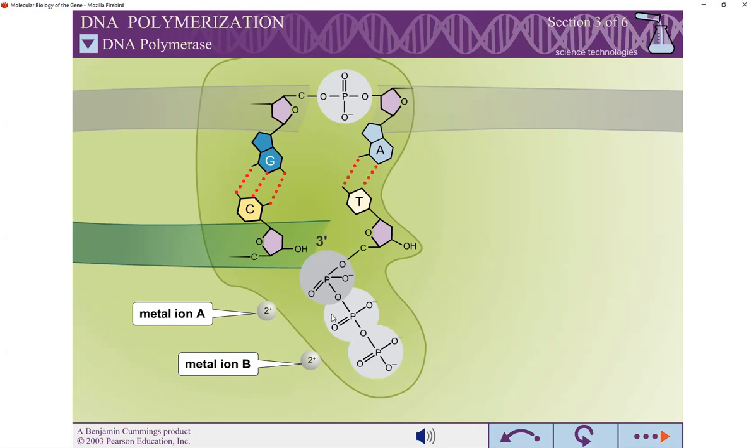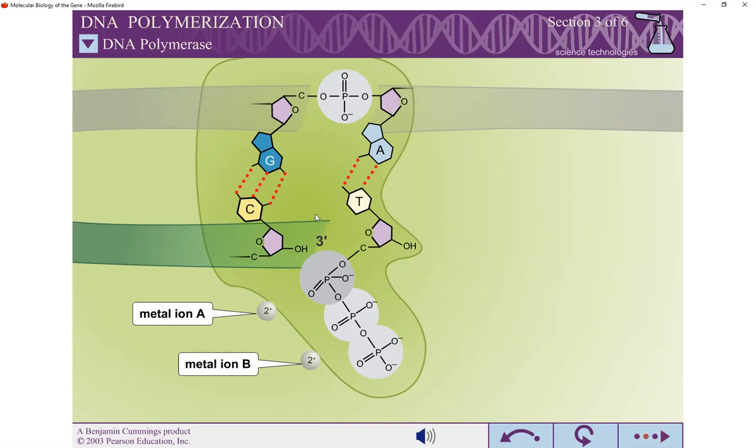When the repulsion is reduced, the phosphate molecules can effectively remain attached to the palm domain, and the interaction of the pre-existing template nucleotide with the incoming nucleotide further strengthens the binding of the incoming nucleotide with the template.